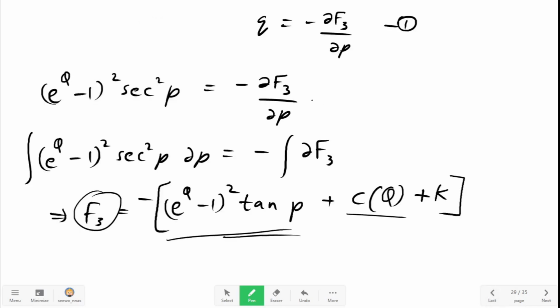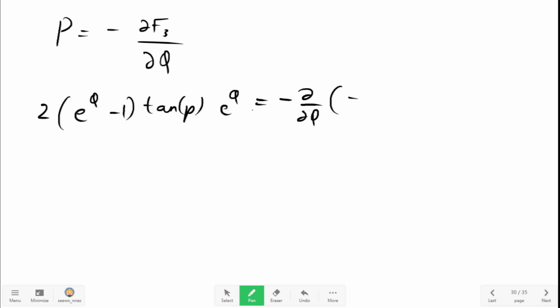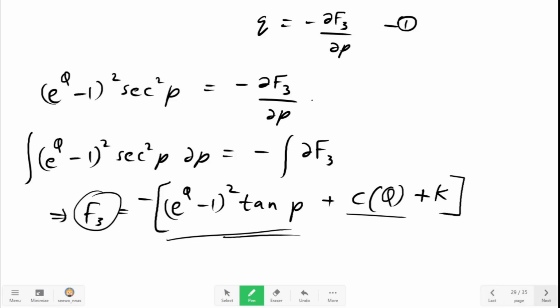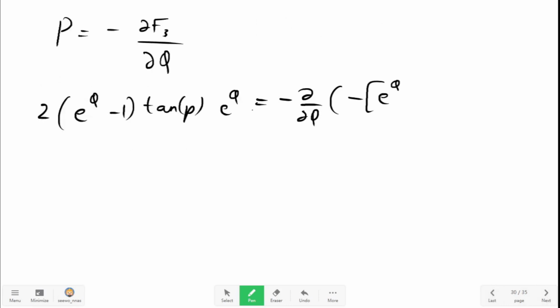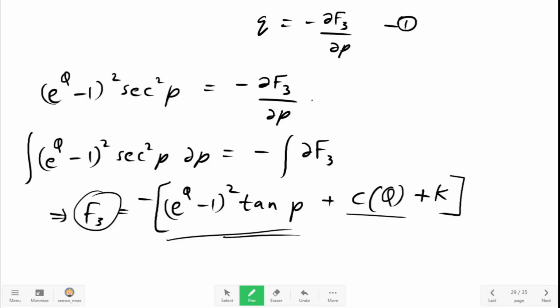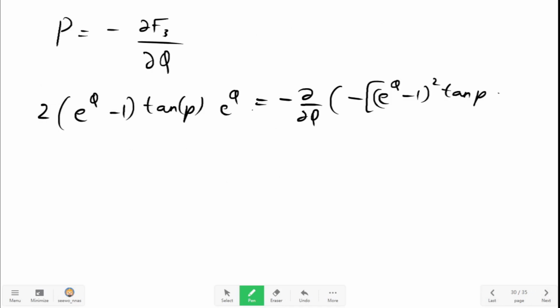It is minus of e raised to Q minus 1 the whole square tan p plus c of Q, some function of Q, plus some constant.